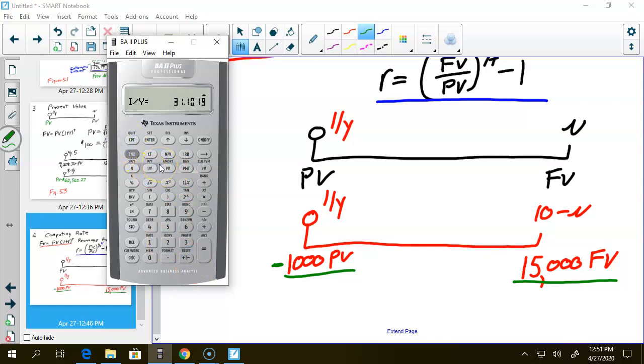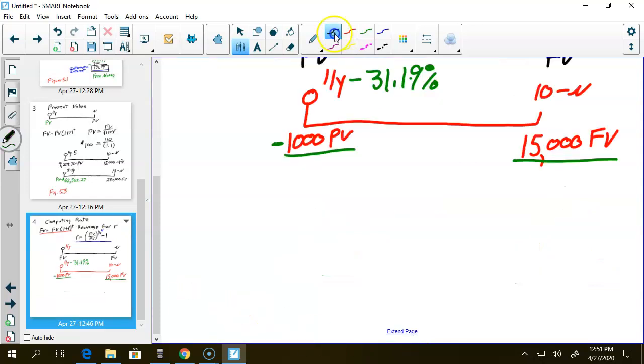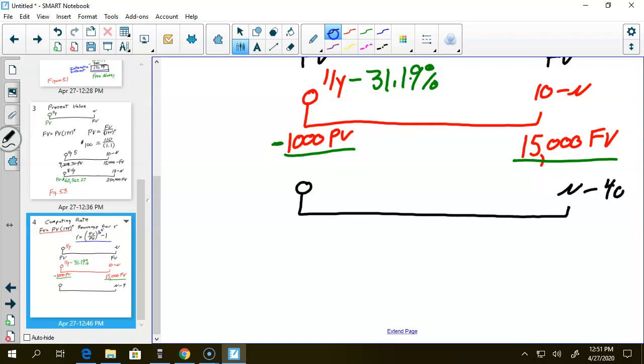So if you could get a 31.19% interest rate, you could take that $1,000, turn it into $15,000 in 10 years. Okay, let's look at a couple others here just to make sure everybody's got it. Let's do 40 years.